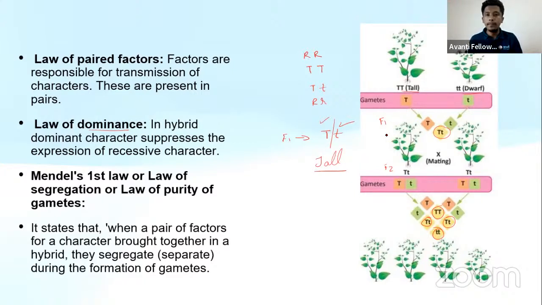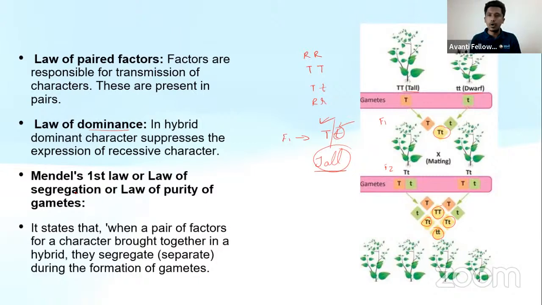So whenever alleles are in heterozygous condition, only one allele expresses over the other. The expressing allele, which gave rise to the character of tallness, is called a dominant allele, and the allele whose character is hidden or not expressed at all is called a recessive allele. So this is about the law of dominance.